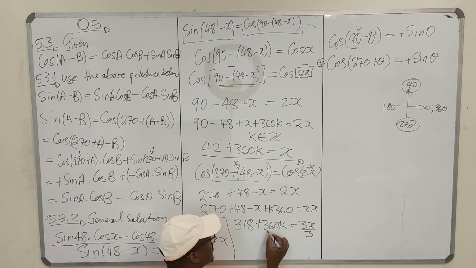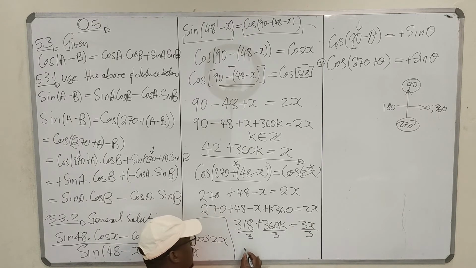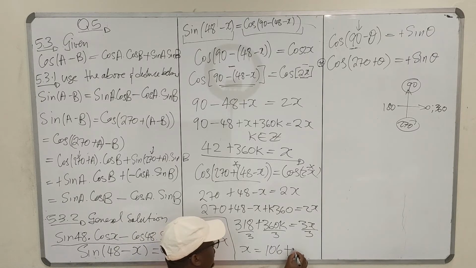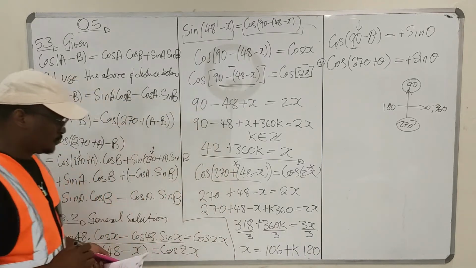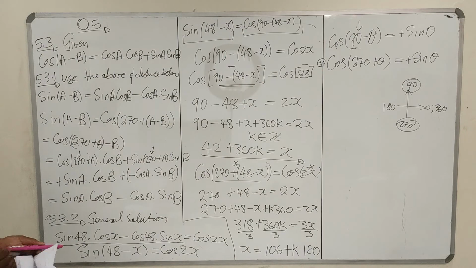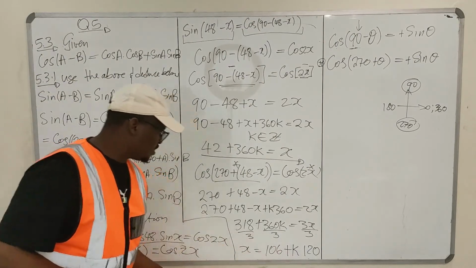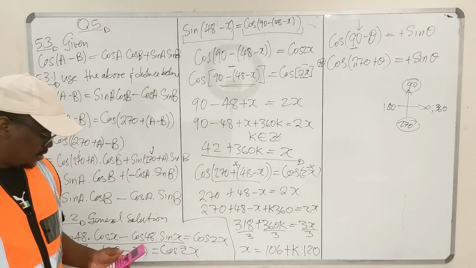Then divide by 3, divide by 3, divide by 3. So x is equal to 318 divided by 3, which is 106 plus k 120. Your period for the second time looks like this, 120. Done.